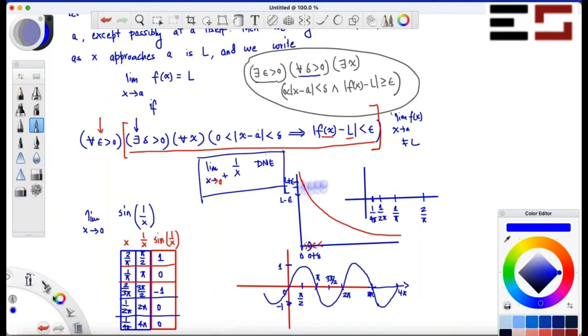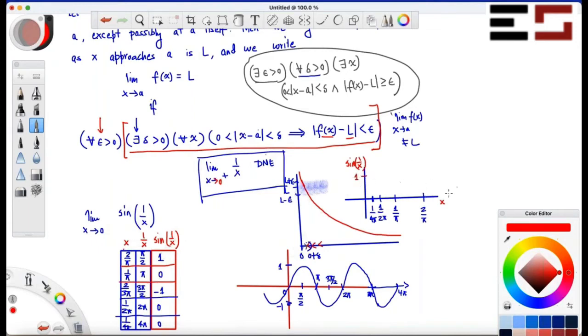Now let's plot the graph of sine 1 by x, so x against sine 1 by x. This is x, this is sine 1 by x. So what do you think is the value of this sine function at 2 by pi? It is 1, so I'm going to put 1 here.